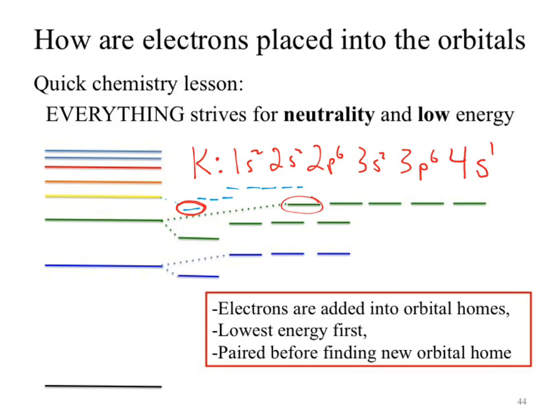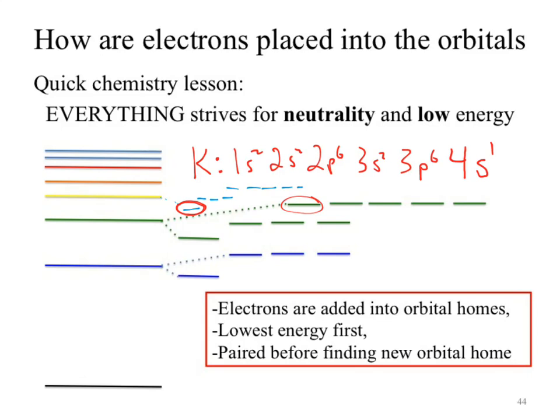S orbital. From scandium all the way over to zinc, those elements are typically referred to as the D block. Why? When we look at their electron configurations, their highest orbital level is the D orbitals.